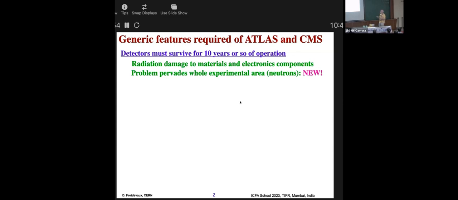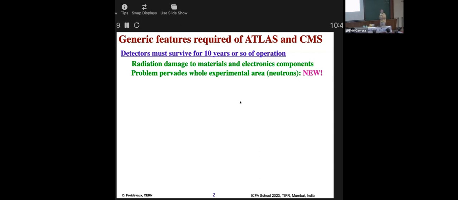And the radiation damage is all pervasive. It damages materials, even materials like Kapton, if it's not properly built, can be damaged beyond repair. So this is a very radiation-resistant material, but still it may not be enough in the regions of the detector where there is the most radiation.